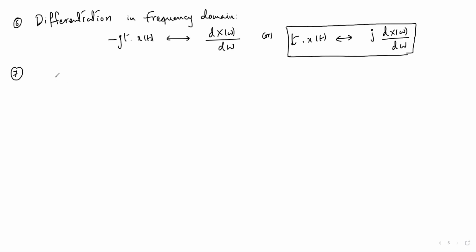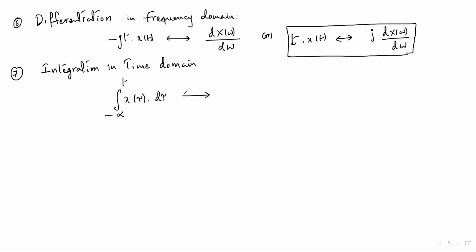Next, seventh one, integration in time domain. Fine. So the signal is integrated in time domain, minus infinity to t x of tau d tau.